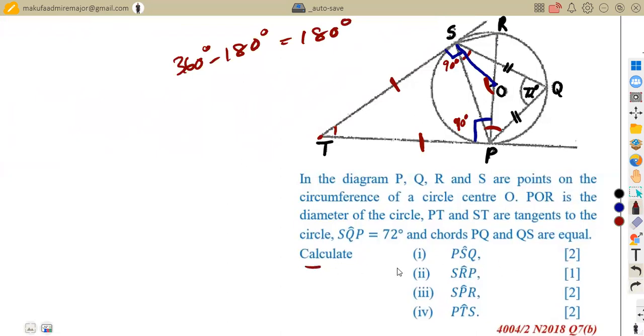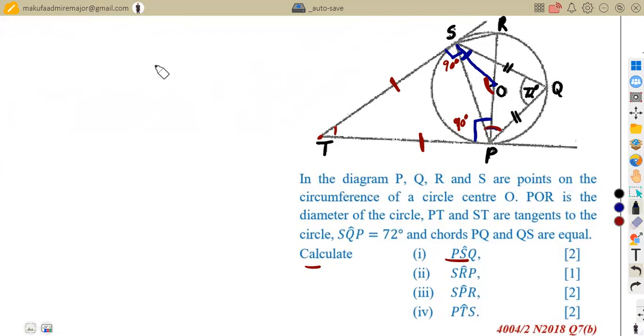Okay, let us see. Calculate PSQ. PSQ, they are referring to this angle inside here, the one that we said is equal to the angle at P. So what are you simply going to do? We subtract this 72 from 180, and we simply divide by 2 because these two angles, remember we said, are equal.